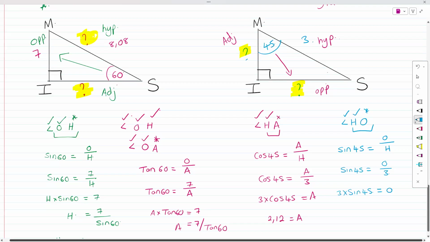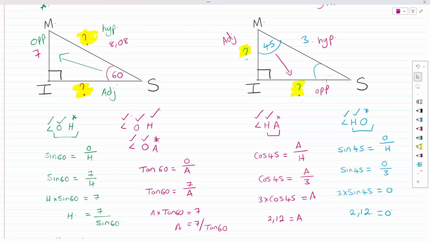Three times sine 45, double check. No, I think it's 2,12. That's better. This is a tricky one because you'll pick 45 and you'll need to understand that both sine and cos have the special angles of 45, which is the same, but we can always talk about that later.